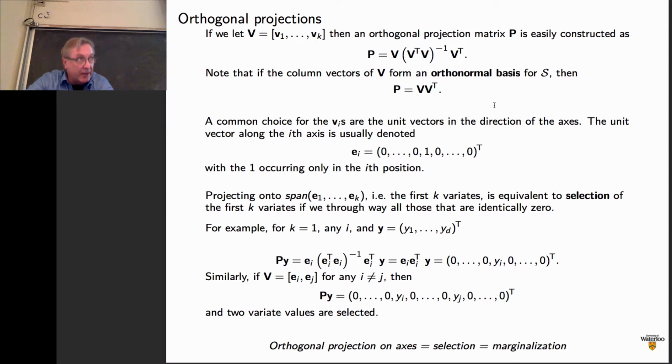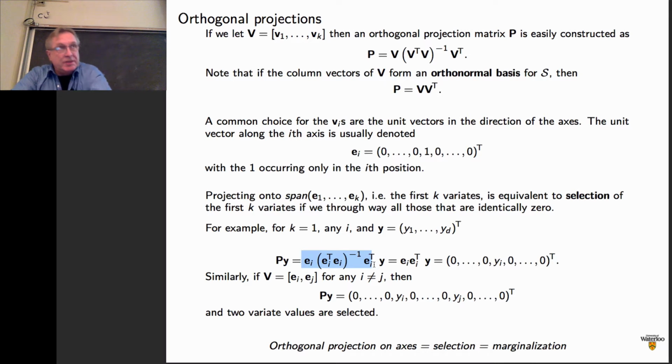So I'm going to use the letter E to indicate an axis. So E sub i will be the ith axis. It'll have a 0 everywhere except a 1 in the ith position. And I could just use this as if it were a single vector. I'm interested in projecting onto the space spanned by E_i. That is, it's a one-dimensional space. And that's going to follow the same rules as we had up here, replacing V by E_i down here.